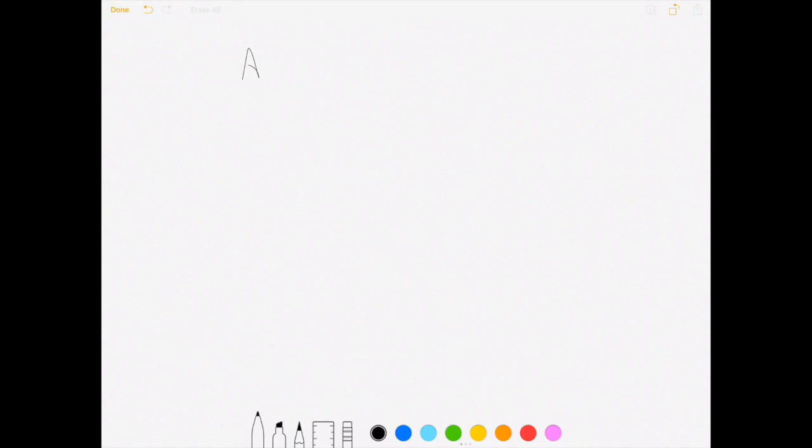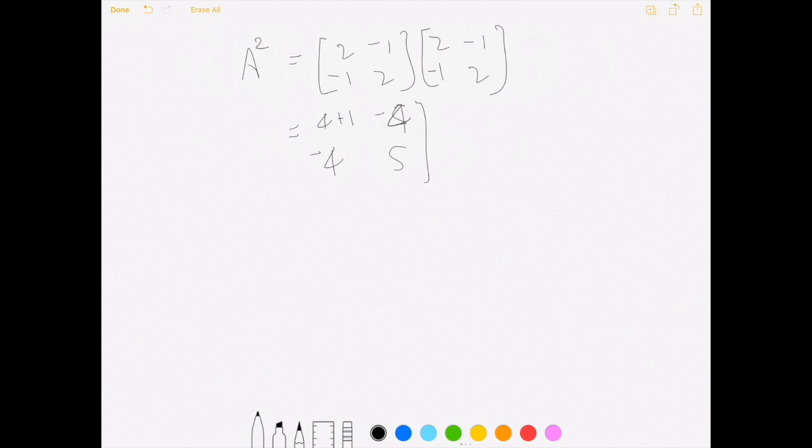Finally, if we look at the matrix A squared, it's [2, -1; -1, 2] times [2, -1; -1, 2]. So that equals [5, -4; -4, 5].